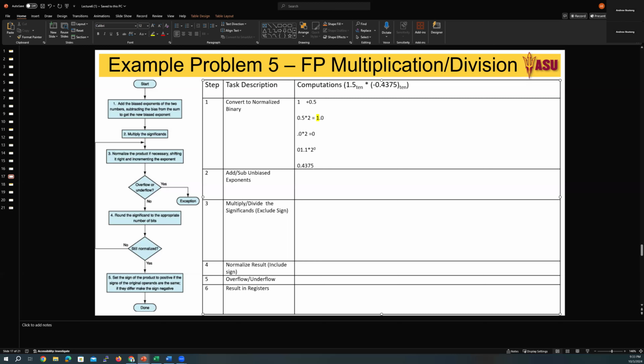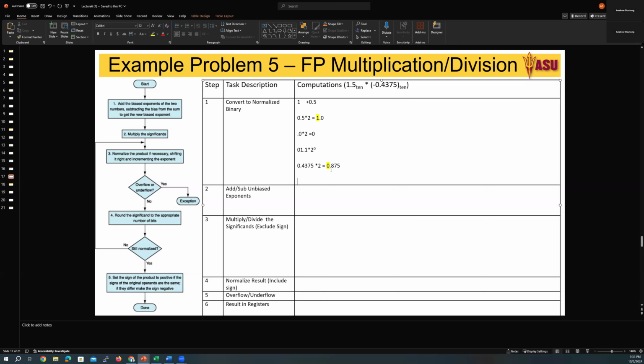So for the 0.4375, what we need to do is multiply it by 2. The answer we get is 0.875, which means that we get to keep the 0 as part of our binary. Now we're going to take everything at the right side of the point, which is 0.875.